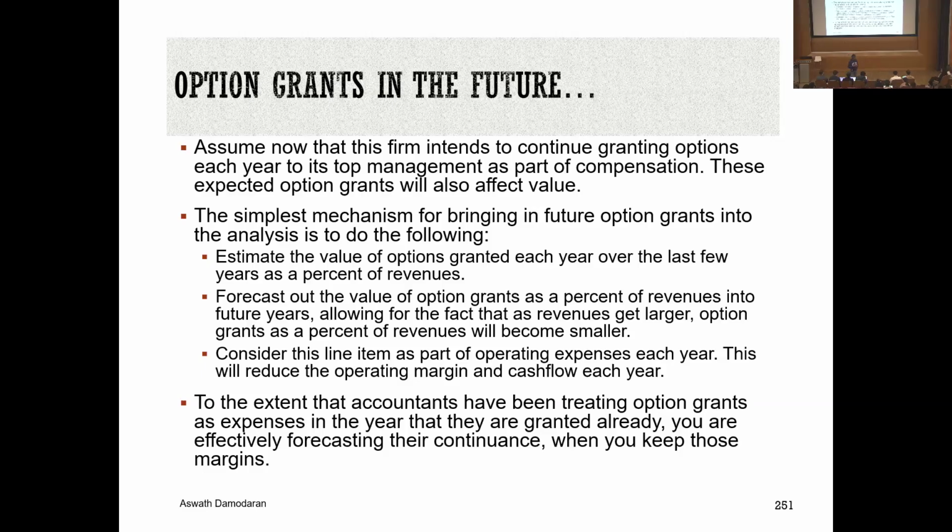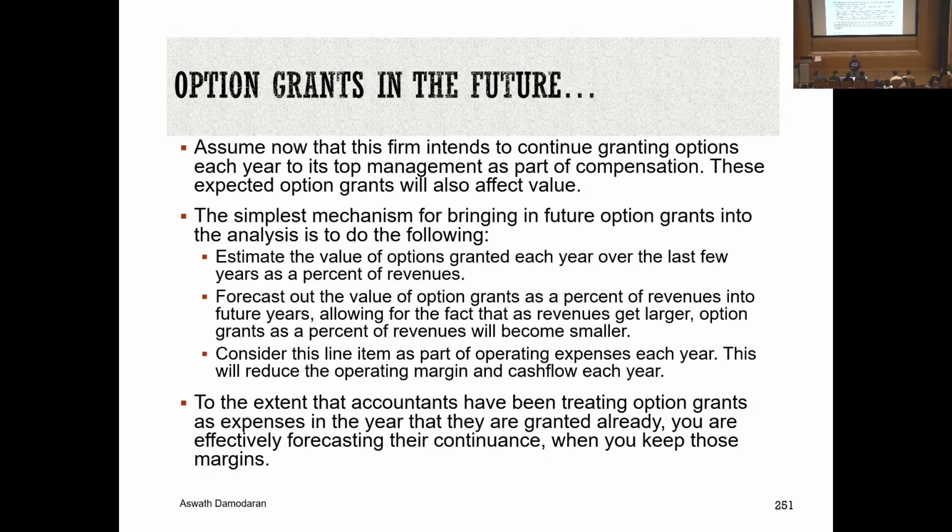In the 1990s, young tech companies, the dot-com boom, 20, 25, 30% of the companies were given away as option grants to employees. And after the fact, you realize that that was a problem, because those option grants either got exercised, increasing the number of shares, or these companies had to buy back stock to cover those option exercises out of your cash flows.